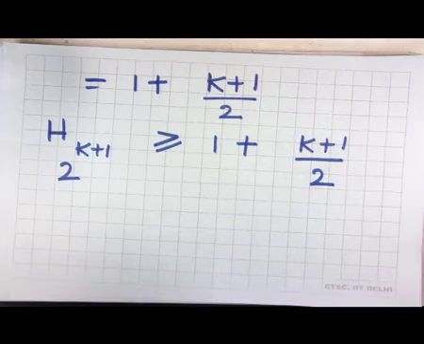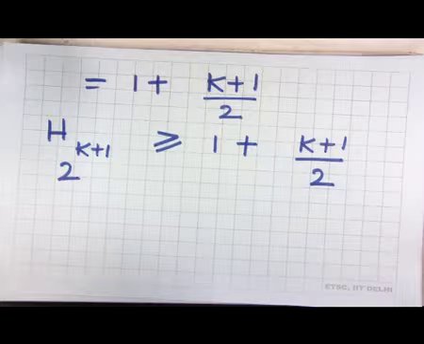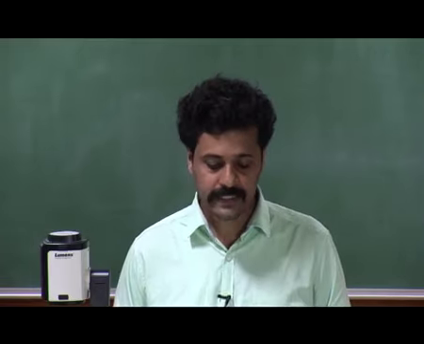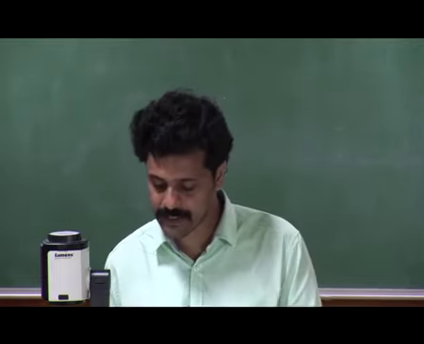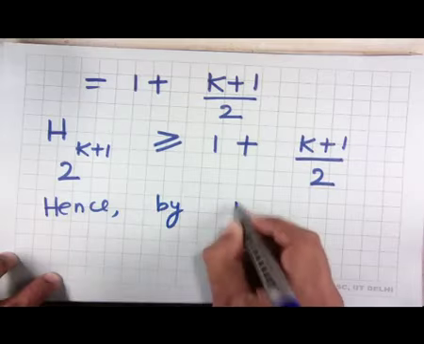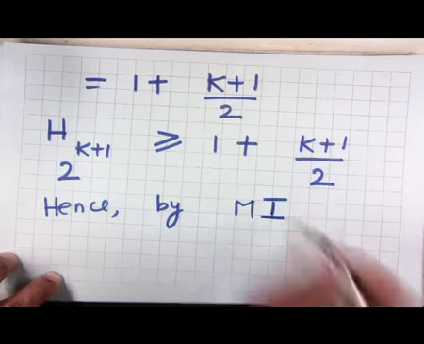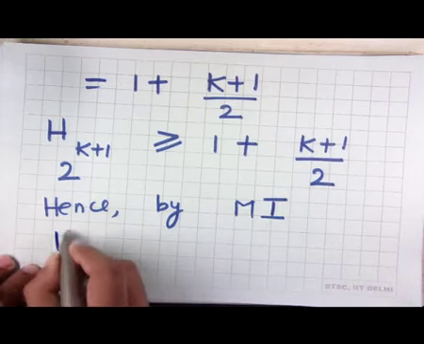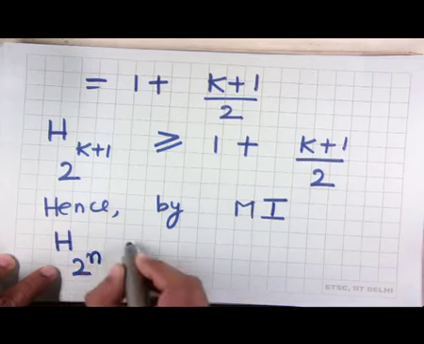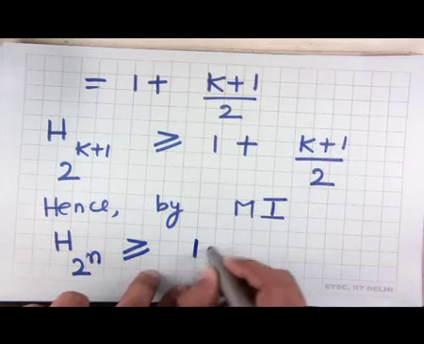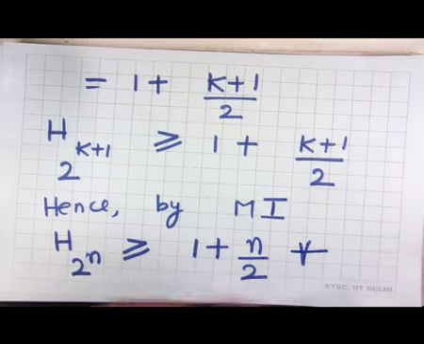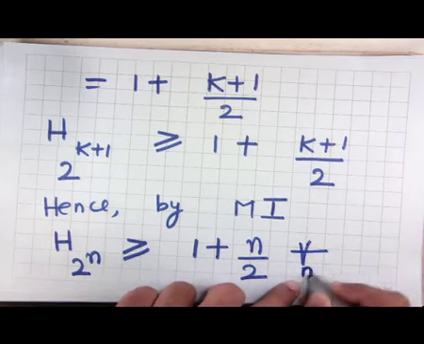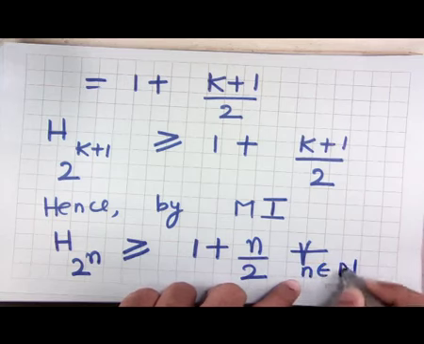Assuming P of k is true, we established P of k plus 1, which finishes the inductive step. Hence, by mathematical induction, MI, we have H 2 power n is greater than or equal to 1 plus n by 2 for every non-negative integer, that is n belonging to natural numbers union 0.